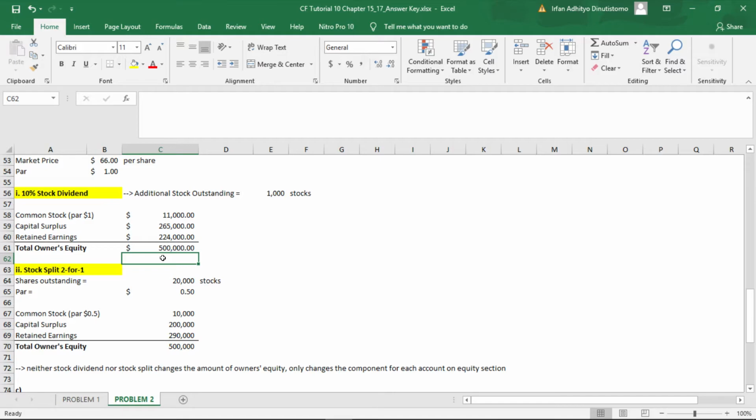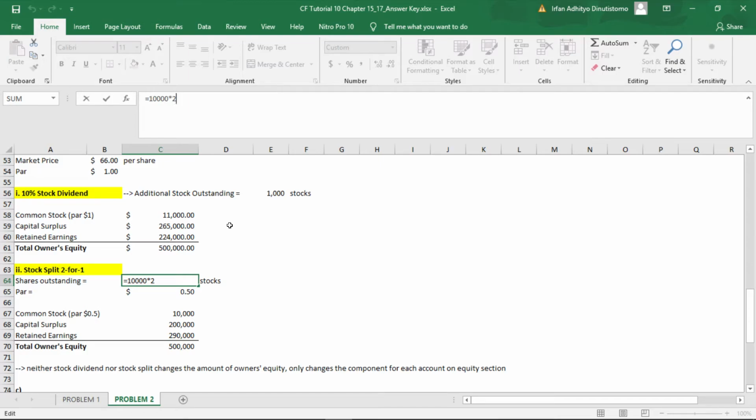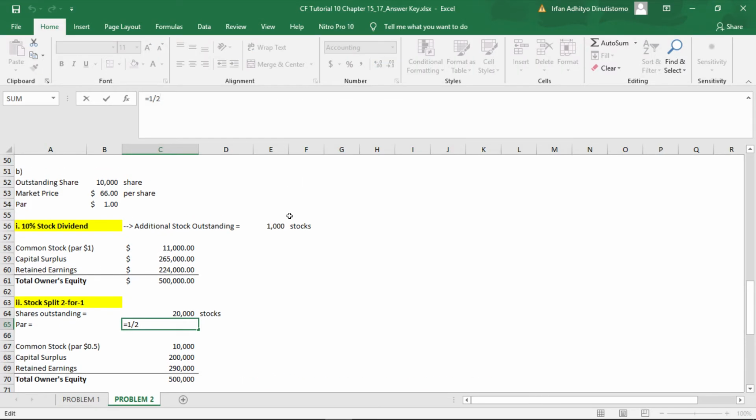What if the company made a stock split 2-for-1? So the shares outstanding will add up to 20,000 stocks, but the par of the stocks will be half, $0.5 per stock. And how will this affect the owner's equity?